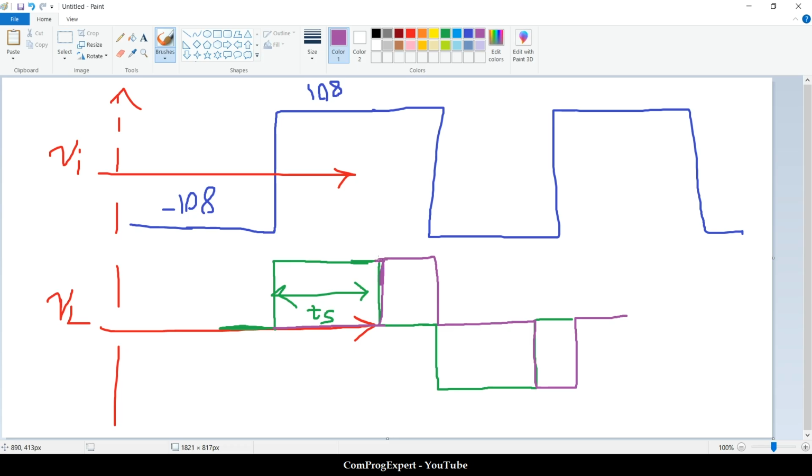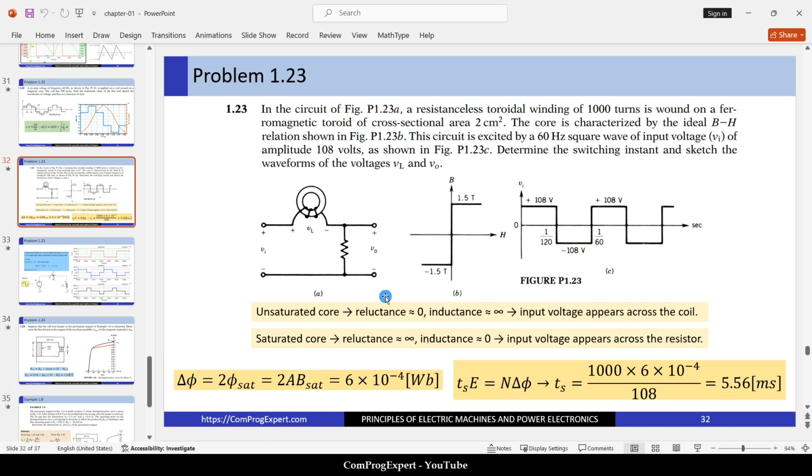So how can we solve this circuit using a simpler method to verify whether our calculations are correct or not? Did we model these two operating modes correctly or not? We don't have a linear inductance here. How can we calculate this inductance? This complex model for the inductance is simpler.